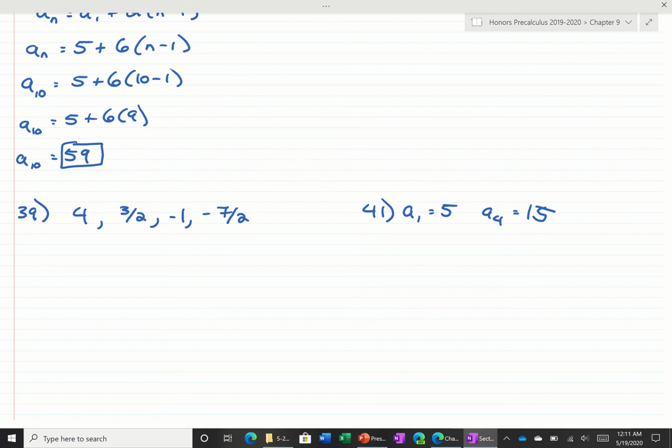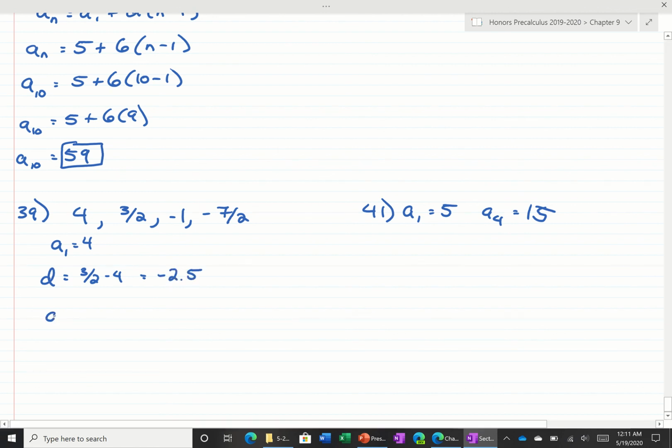All right, so for the first one, we have a few different ways to come up with a formula. I mean, we know what a sub 1 is. We could easily find the common difference. So 3/2 minus 4 is -2.5.